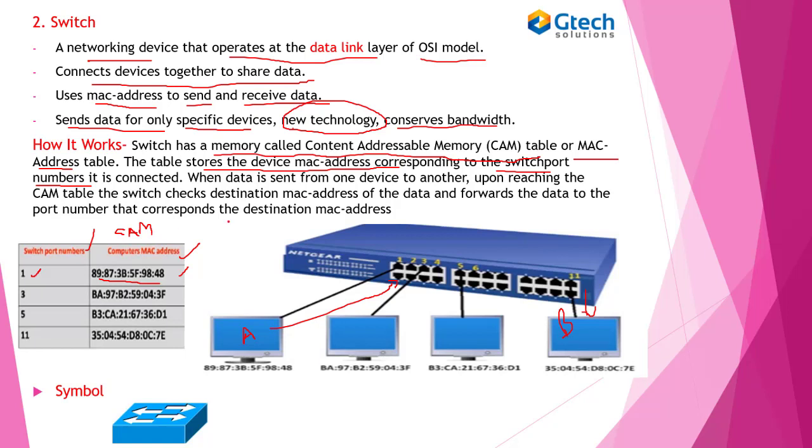The CAM table will store it this way, along with all other devices that are connected to the switch. When data is sent from one device to another, let's say from A to B, upon reaching the switch, remember the switch is an intelligent device, a new technology. The switch will refer to the CAM table and find the source MAC address of this data, and then the destination MAC address.